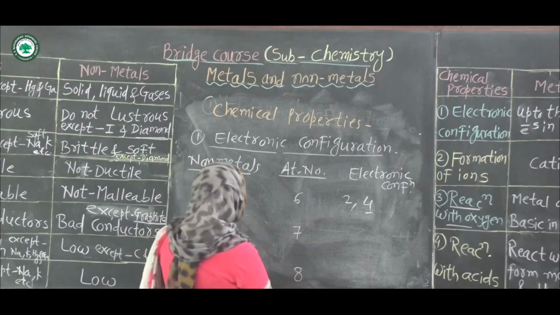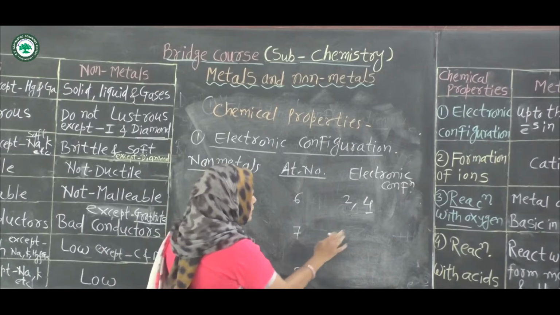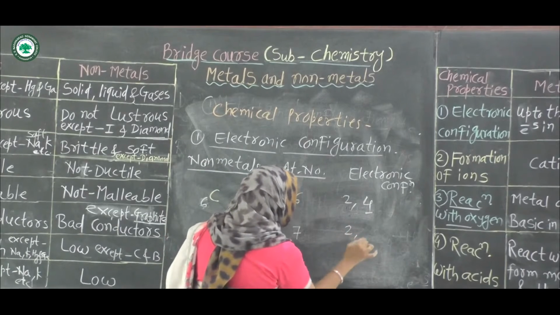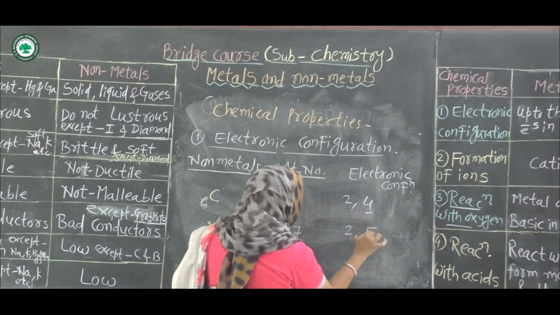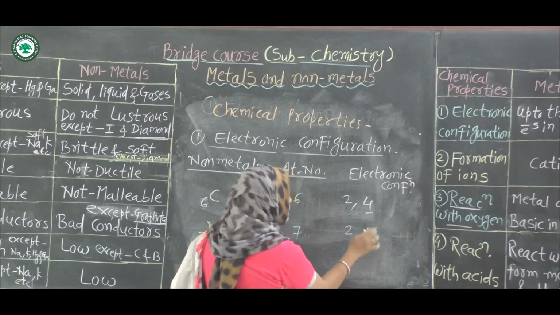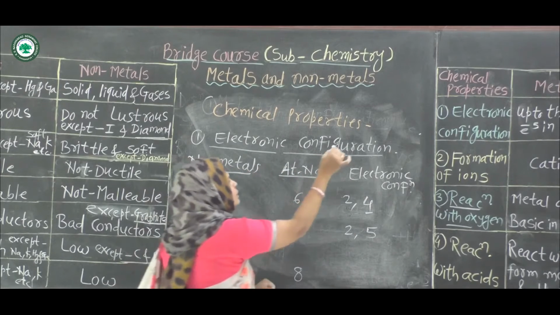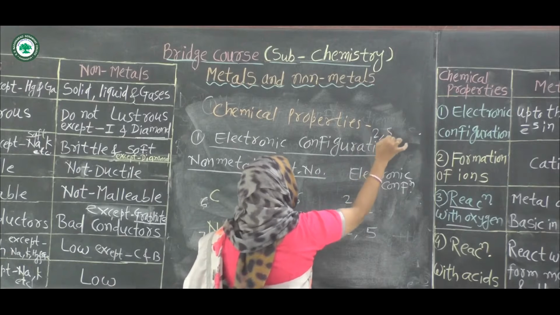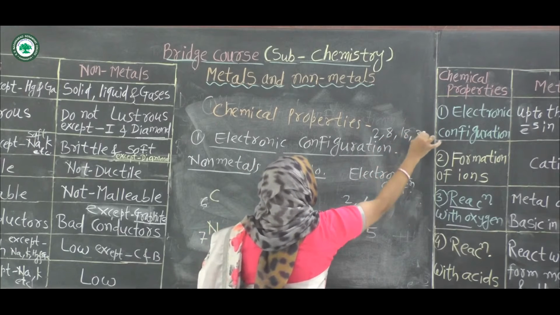Okay. Then nitrogen, atomic number 7, electronic configuration 2, 5. Capacity for the second shell is 8. The capacities are 2, 8, 18, 32.